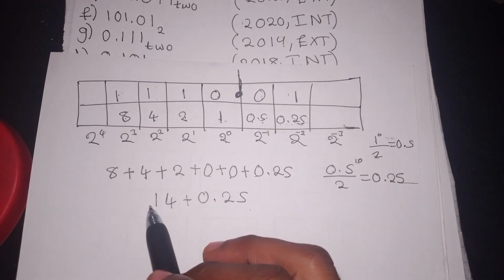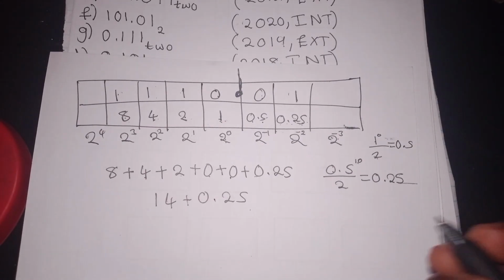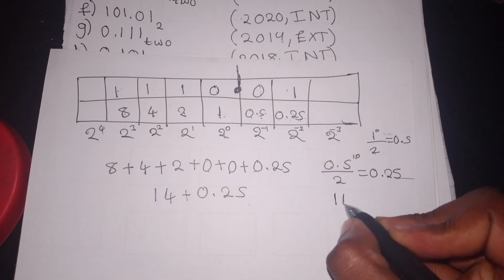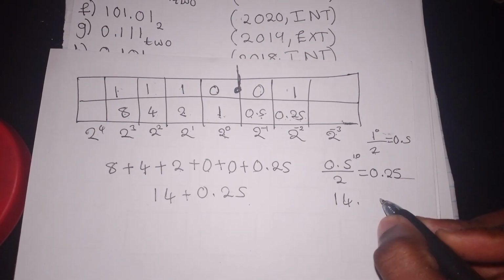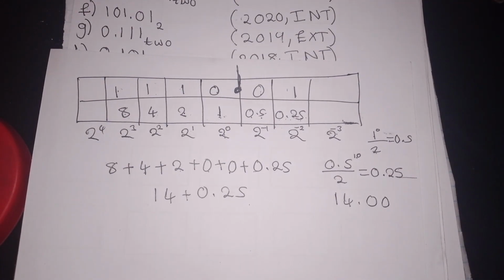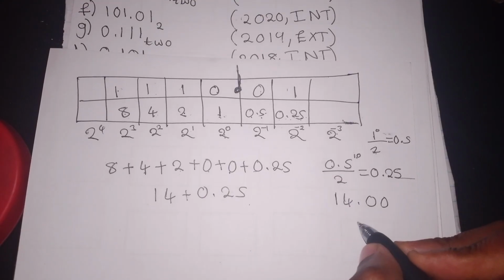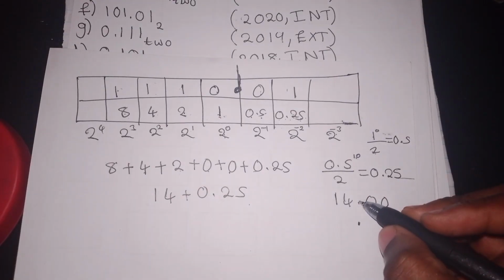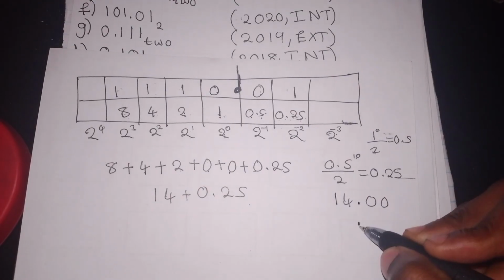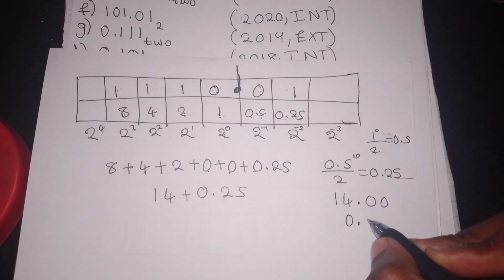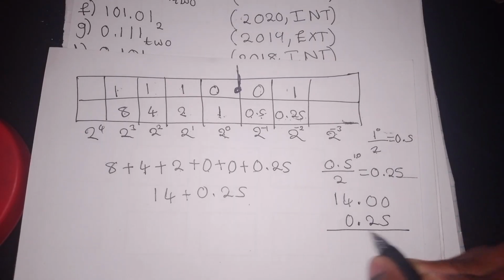To add whole numbers and decimal numbers, you can say 14. You can put some zeros on this side just to balance up with the decimal numbers, and then you put your decimal point just below the one here. So you can say 0.25, and then you can add.